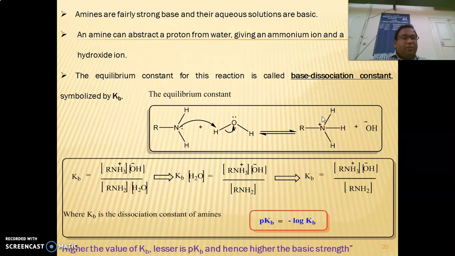So basicity depends upon the stability of the conjugate acid, and also the greater the Kb value, the lower the pKb value, and the higher is the basicity strength, by this dissociation constant of the amines.